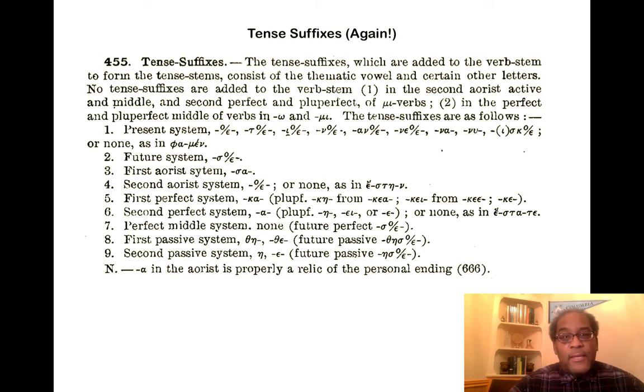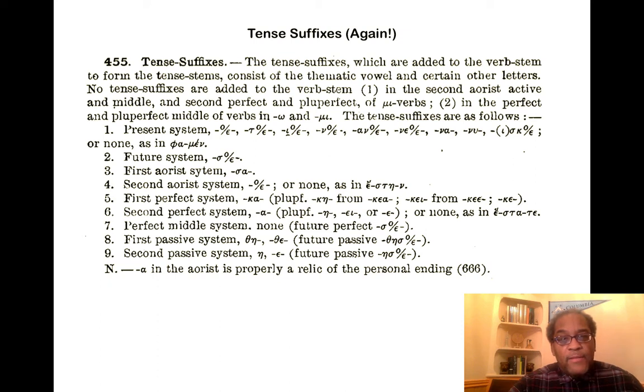And then 3, we see the first aorist system characterized by sigma alpha, so elusa, elusas, elyse. And then the second aorist system, which simply has the thematic vowel after the shorter stem, so elipon, elipes, elipe, elipomen.